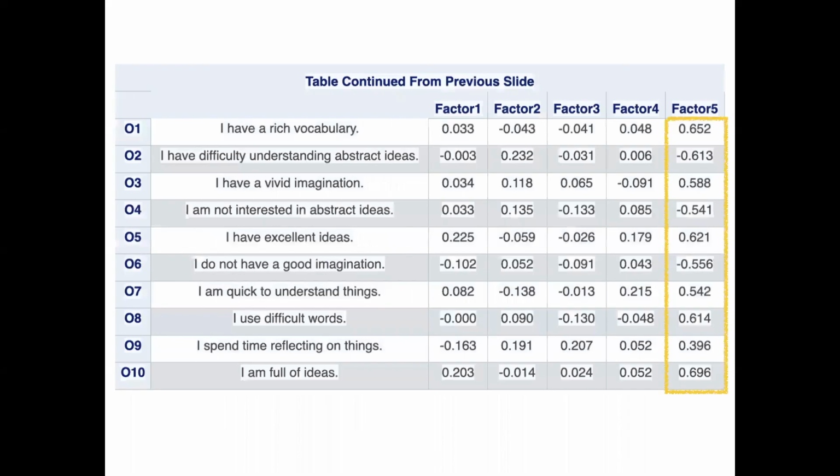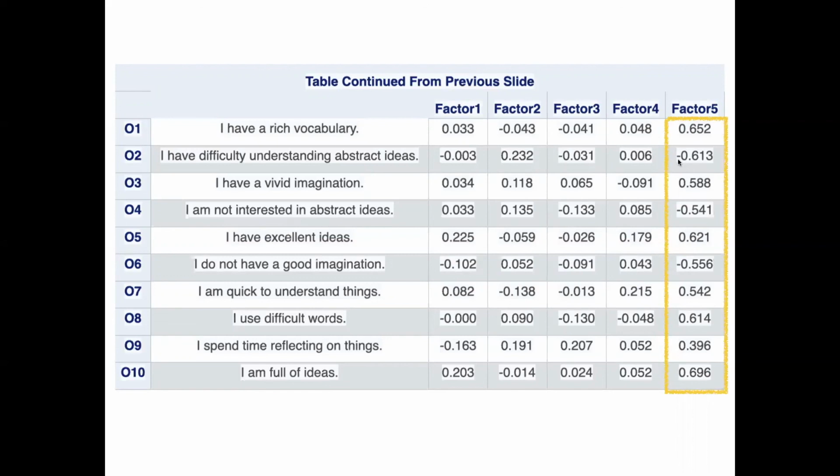Now, I want to address there are some negative elements in here, and that's just for the questions that are, again, anti-correlated with the overall construct. So here we're looking at openness. I have a rich vocabulary. Apparently, that's what someone who's very open would say. The next, I have difficulty understanding abstract ideas.